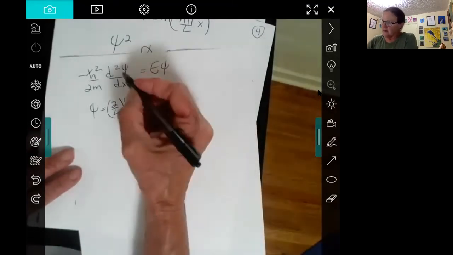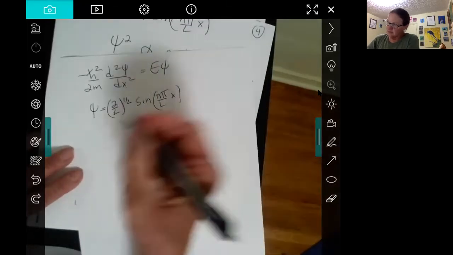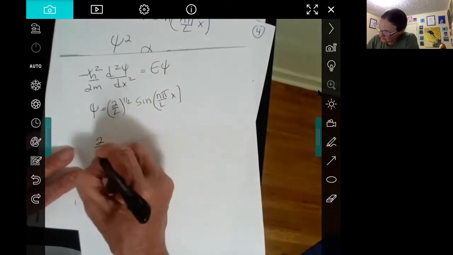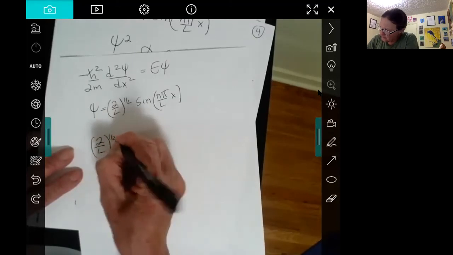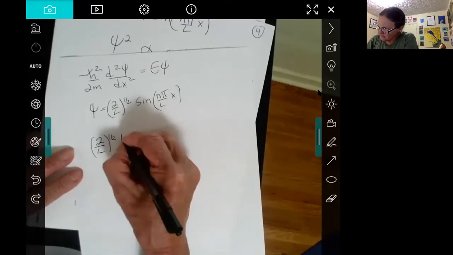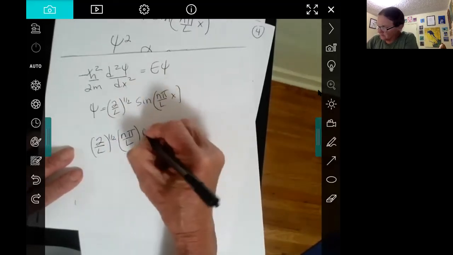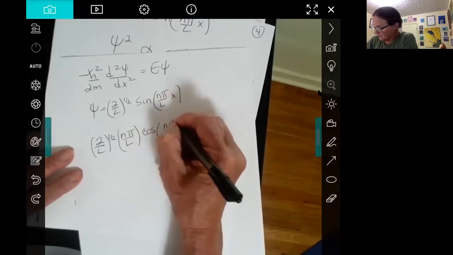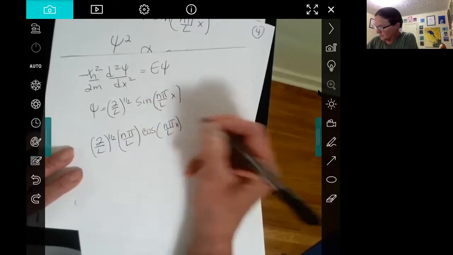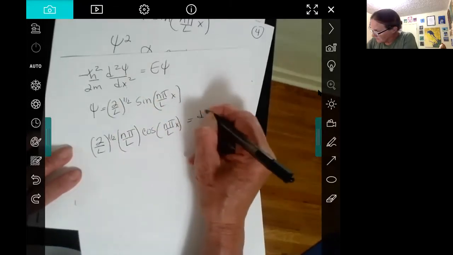So if you take the first derivative of psi, you get the derivative of this is cosine, but it's also n pi over L. So the derivative of the angle times cosine. Then the next derivative, so this is the first derivative.